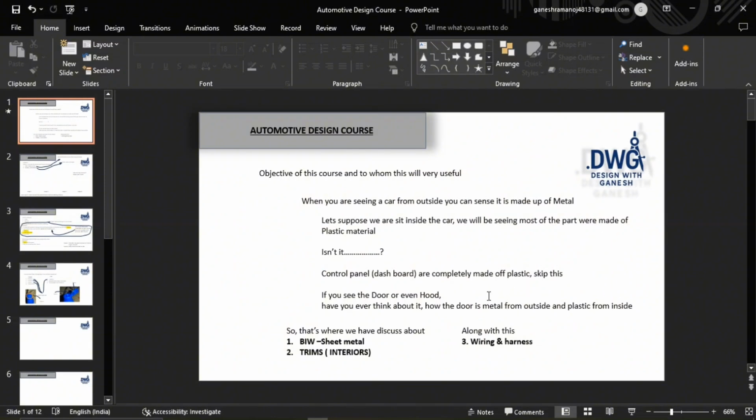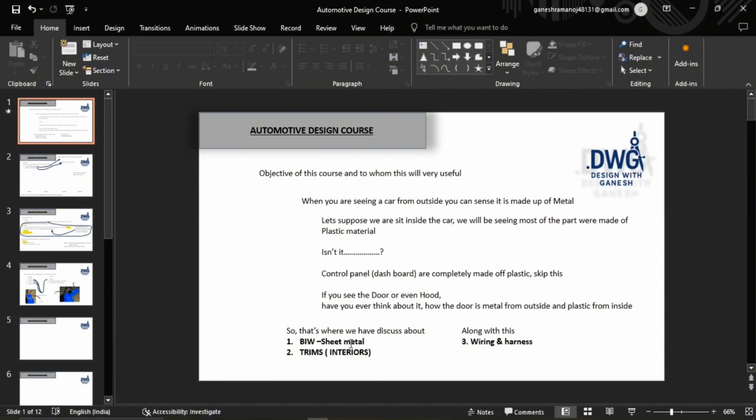Let's consider the door. When you see a door, from the outside you see a metal body, and inside you see a plastic body, right? So that gives us two concepts here.